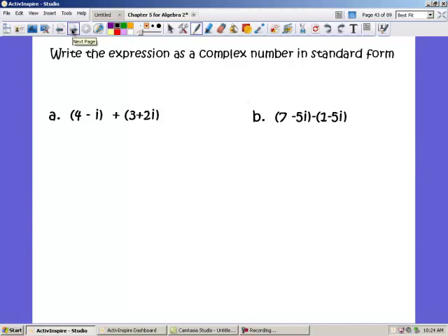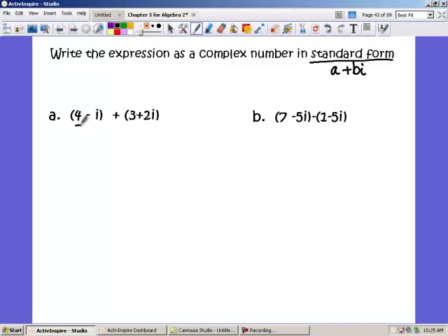All right, now we're going to write expressions, and we're going to leave our answer as a complex number in the form a plus bi. And that is what standard form is, a plus bi. So for letter A over here, we have 2 expressions, and it says to add them. When we add things, we're just going to add the like terms, just like we do with normal numbers or x's and y's.